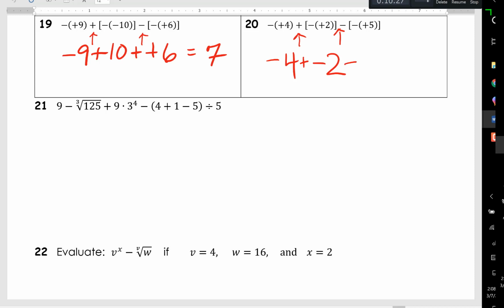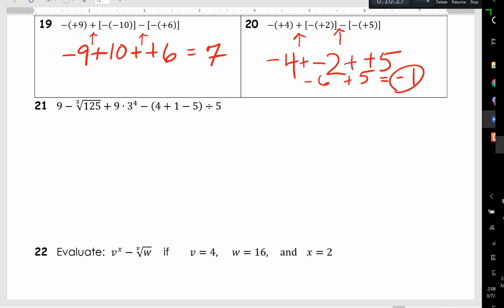Then you've got a subtraction sign, and you have negative, positive 5. That means you have one negative sign, that's odd, so that means it's a negative 5. And again, subtracting a negative is the same as adding a positive. Now we can just work from left to right, doing our addition. Negative 4 plus negative 2 is negative 6. So negative 6 plus 5, and that is going to be negative 1.